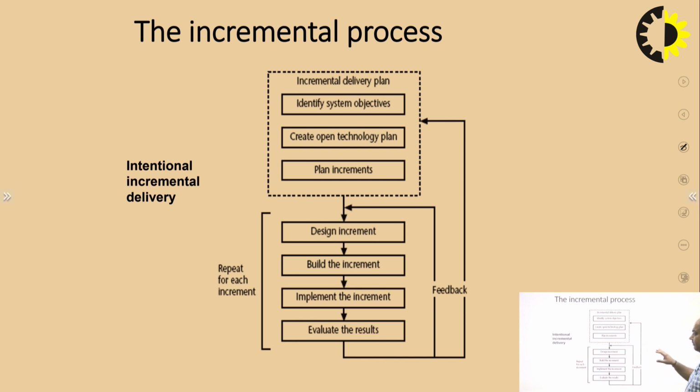And these increment stages can all repeat and each has its feedback. So, evaluating the result, we can take feedback, and we can also take feedback based on our system objective which we have identified.